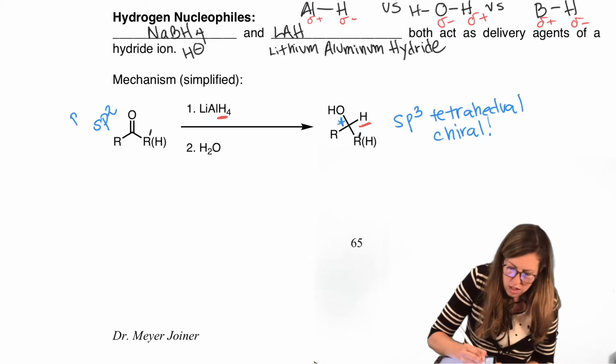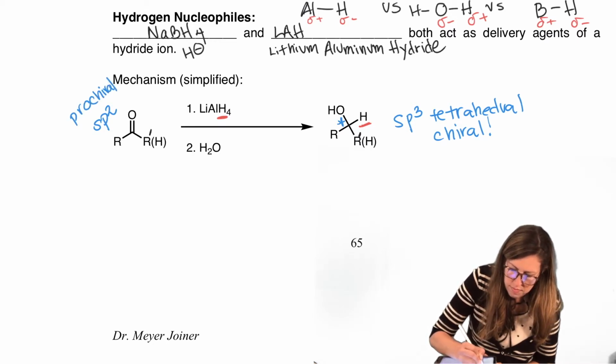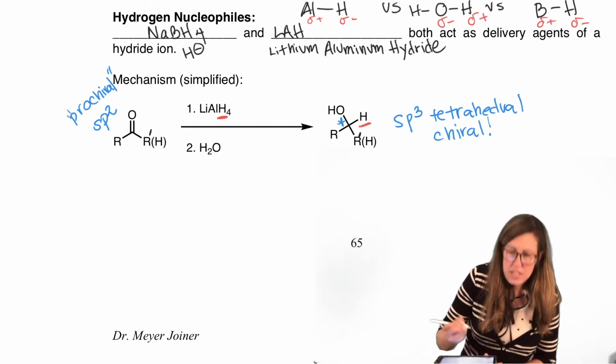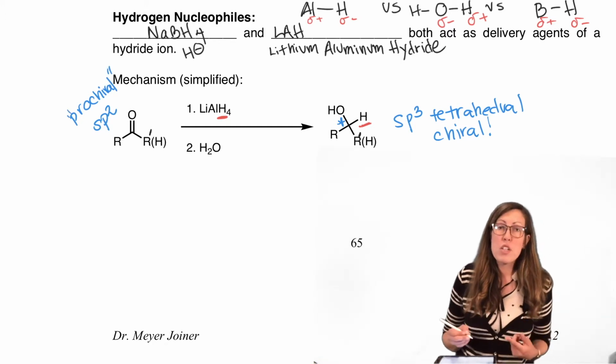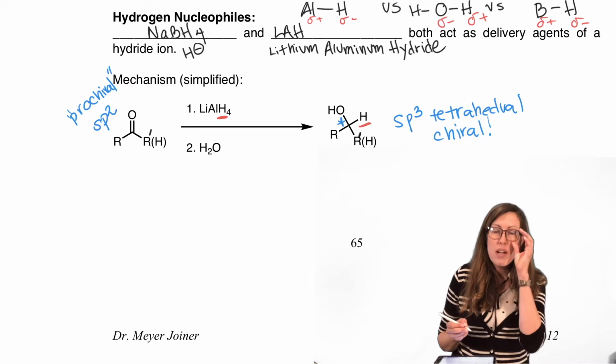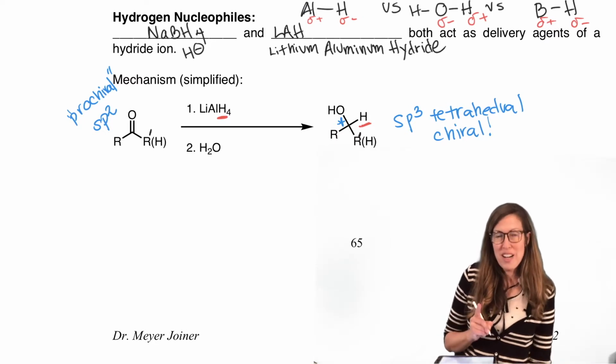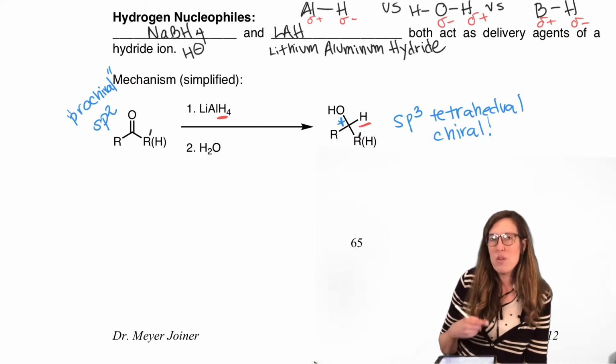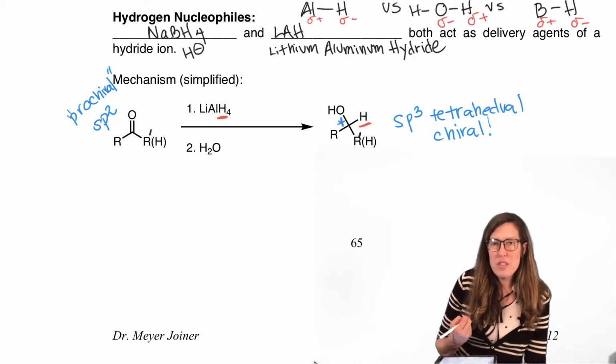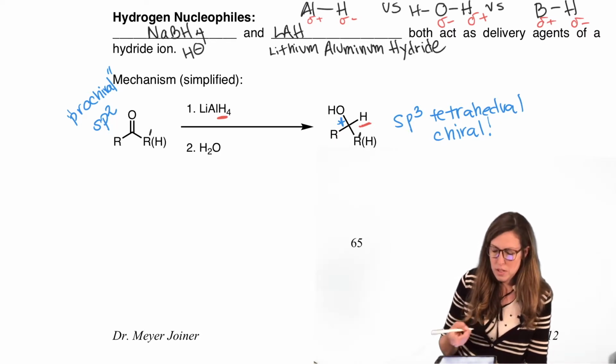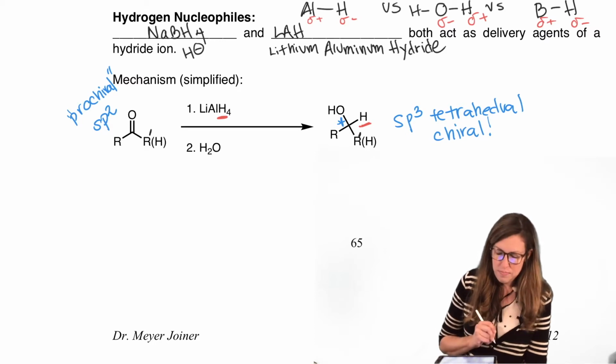So what we call the reagent beforehand is prochiral. It means it's not chiral at the moment, but it's going to undergo a reaction where it becomes chiral. So watch out for prochiral things because they can make you overlook enantiomers when they're formed at the end. So this would be a racemic mixture, because remember the sp2 is planar.